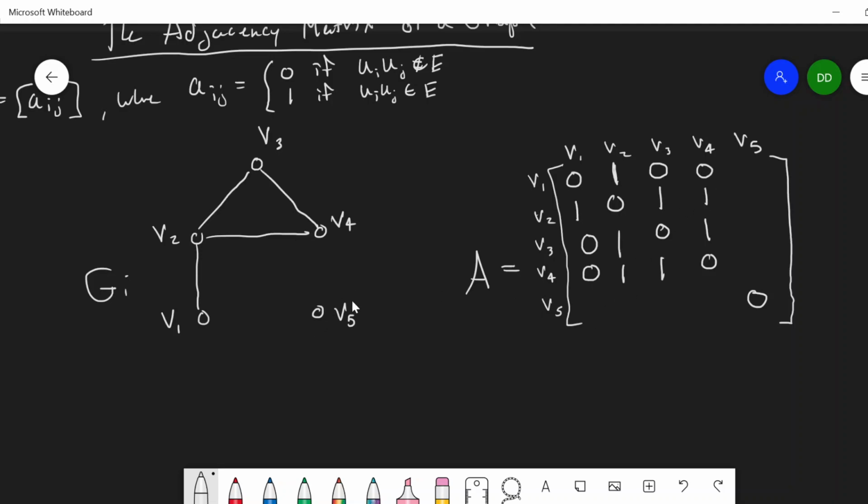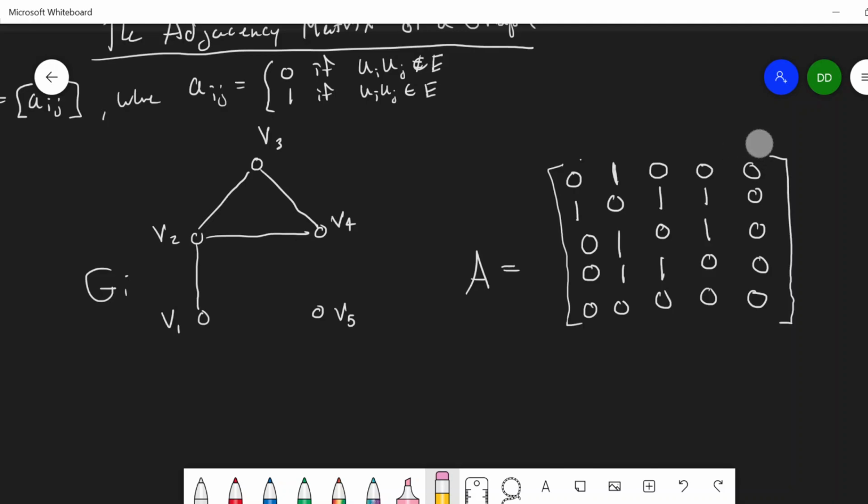And then finally, v5 here is an isolated vertex. It's not adjacent to anything, and so all of its entries will be 0 in both the row and the column. So I get this matrix. And like I said, we typically don't label these. We just keep it like this, and this gives us the adjacency matrix of the graph.